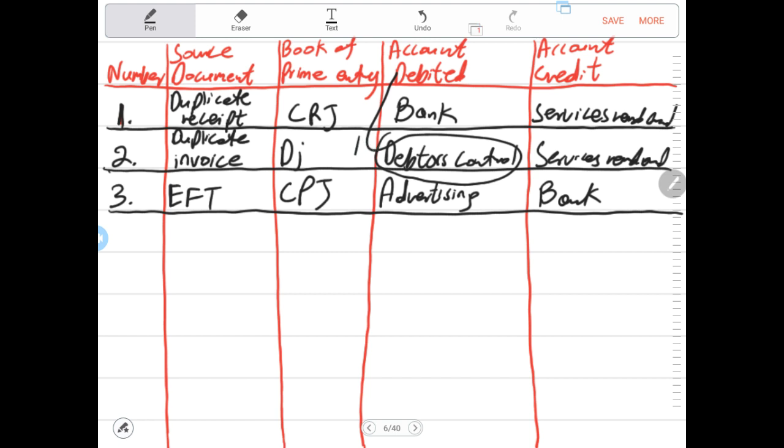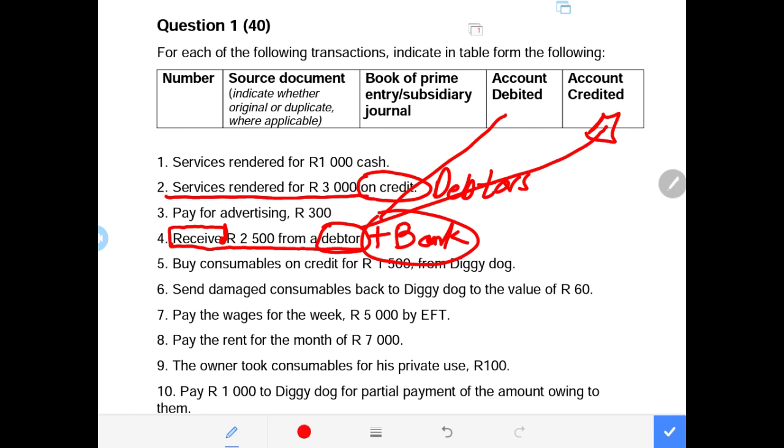Why? Because the account of the customer called debtors control or account receivable increases on the debit side. But when the customer pays us, then their account must decrease on the credit side. That is why we have debtors control recorded on the credit side in this case.